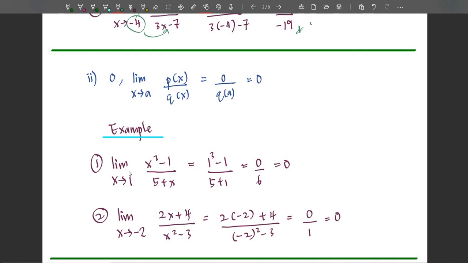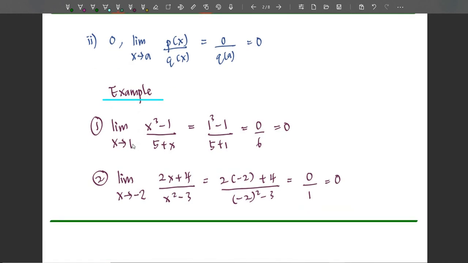For example, we have the limit of x cubed minus 1 over 5 plus x when x approaches 1. We substitute the value of 1 in x. We have 1 cubed minus 1 over 5 plus 1, which is 0 over 6, and it will be 0.